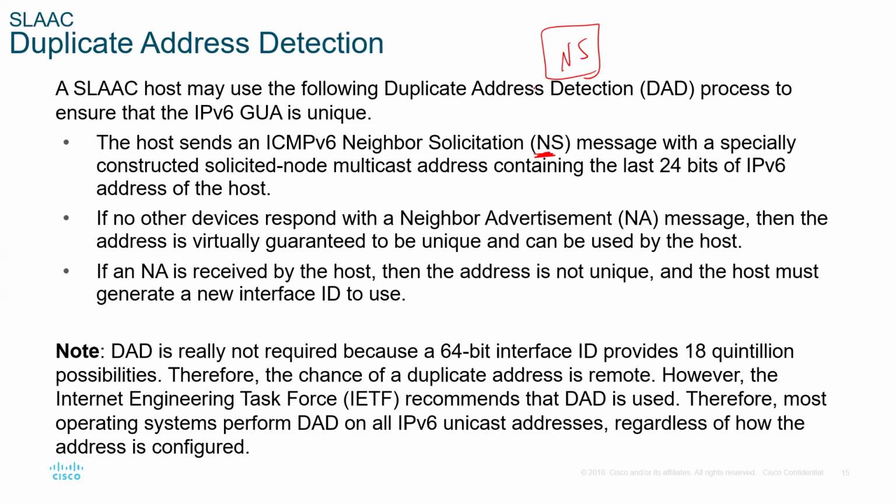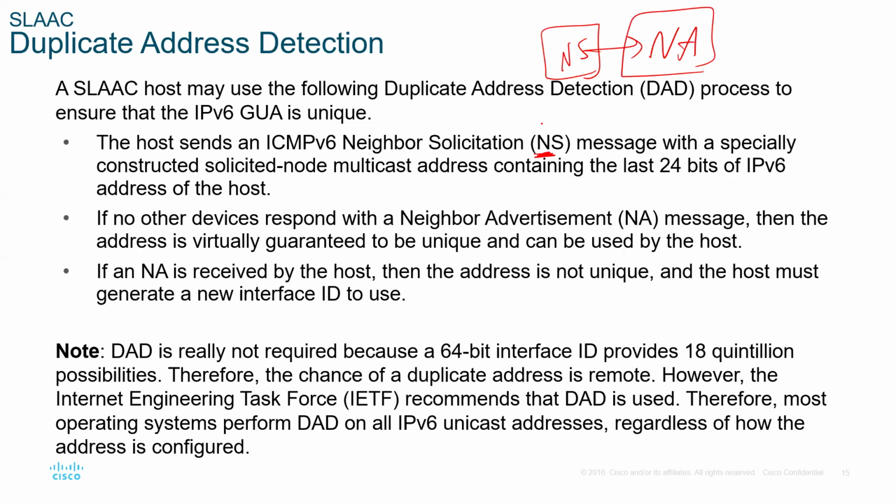Then that NS is sent to the all-nodes address. Every host on the local link will receive that message. Then the response, the NA: if you get a response, then it means your address is not unique, because you sent an NS asking if someone has this specific address.